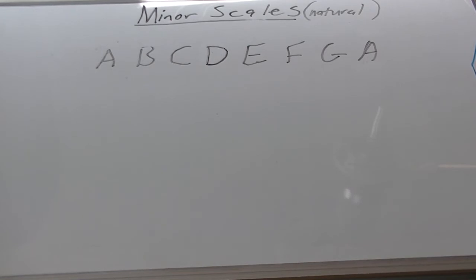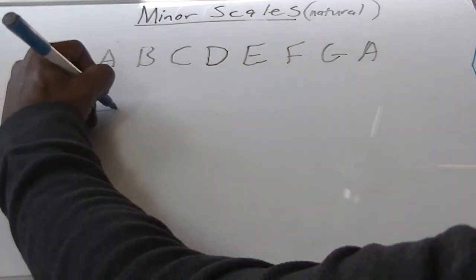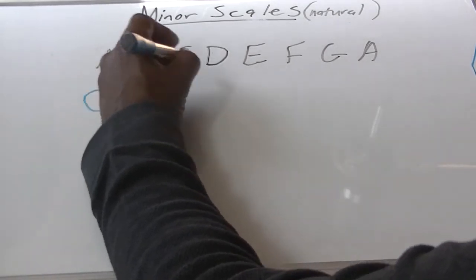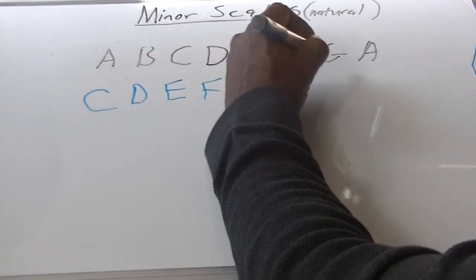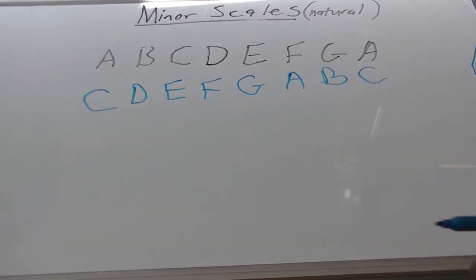Now, some of you may be familiar with the C major scale, and I just want to write out a C major scale here. C, D, E, F, G, A, B, and we have an octave.